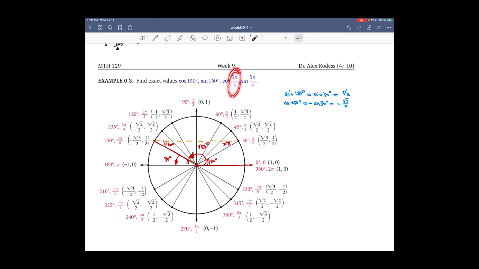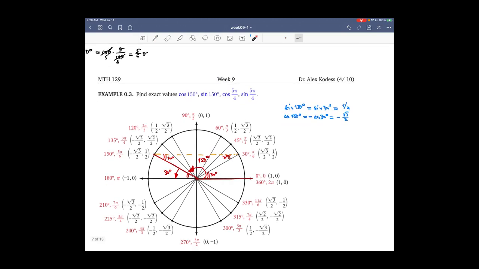With pi over 4 and with cosine and sine of pi over 4, the analysis is pretty much the same. How many degrees, by the way, is pi over 4? Well, let's translate. 5 pi over 4 is 5 pi over 4 times 180 degrees over pi.